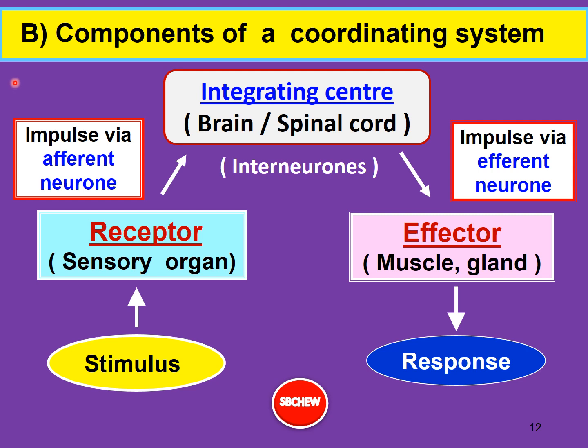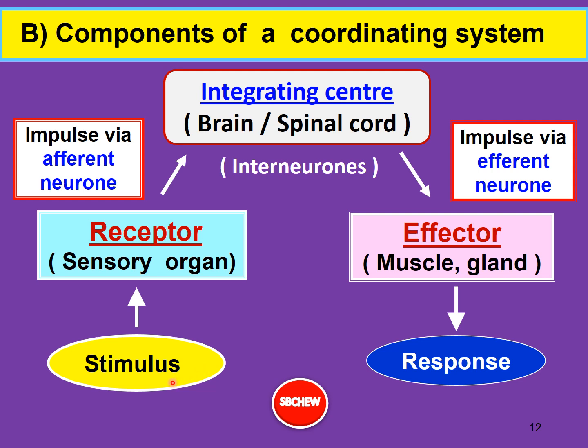Okay, that means the components needed from the time the stimulus is detected by the receptor and what happens in the nervous system until the time the effector produces a response. Let's take the example of a person who is feeling hot on a hot day.